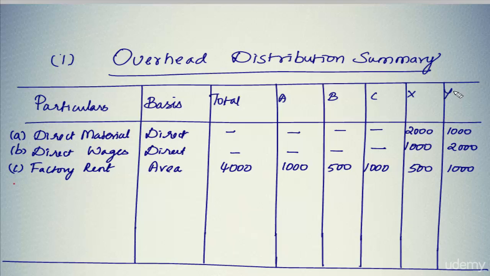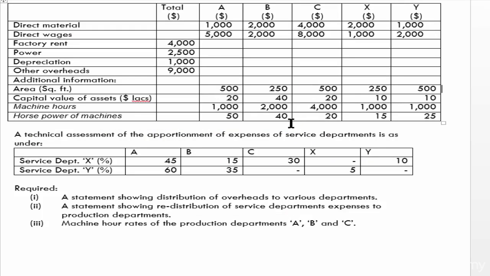The next one is power. As far as the power cost is concerned, we have to keep in mind that we should multiply horsepower into machine hours. So you have here horsepower as 50 and machine hours as 1,000, so it will be 50,000 horsepower hours, and in the same way you have to multiply for all the 5 departments.